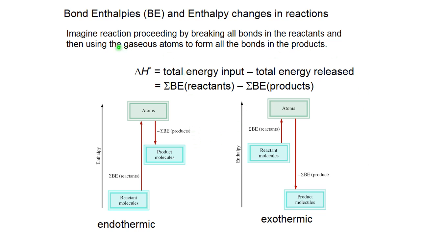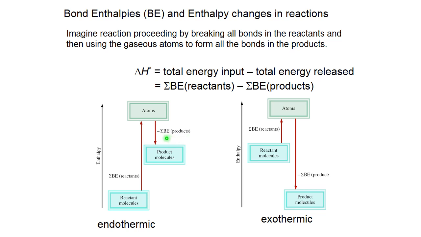In reactions, you can do some very primitive calculations using these numbers. So how do you do them? You take all reactant molecules and break them into atoms. So this will be the sum of all bond energies, and then you make your product.